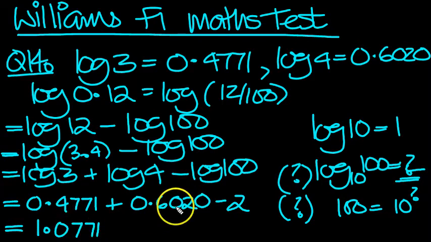So this 7, because that's in the third digit along, 1, 2, 3, changes to a 9. So I'm going to cheat there and just put a 9 in there. Minus 2. Now we just do the subtraction. 1 take 2 is minus 1, so it's 0.791 take 1. Again, I'm going to do that in my head.